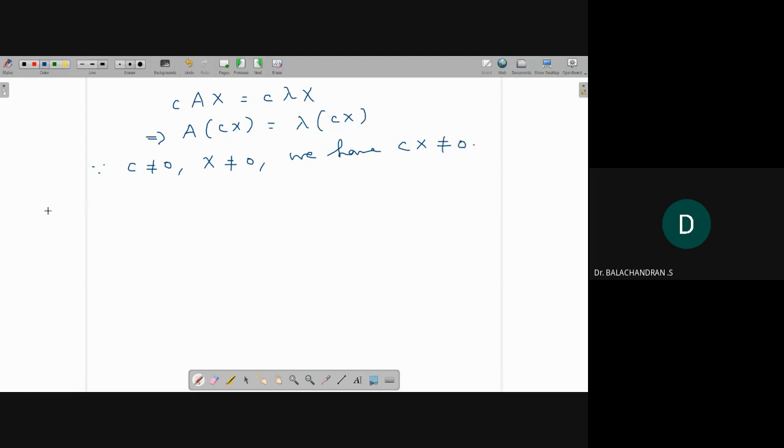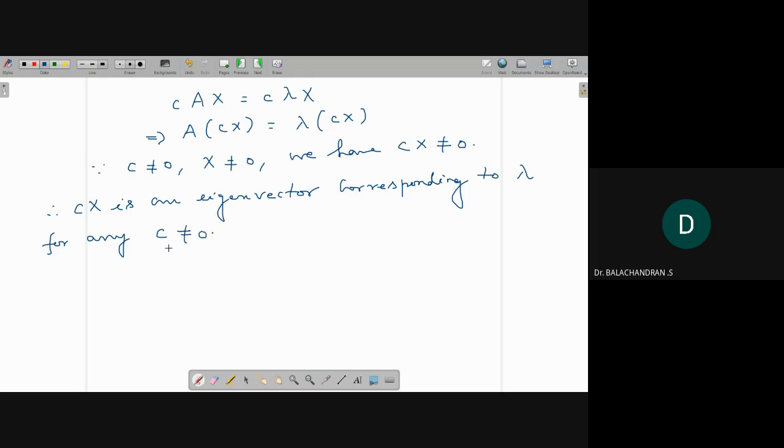Therefore, Cx is an eigenvector corresponding to lambda for any non-zero constant.